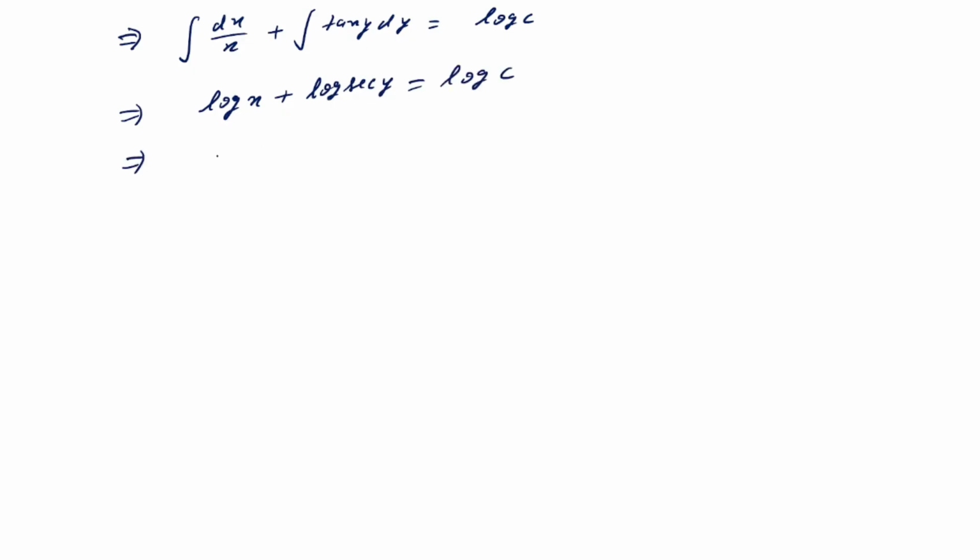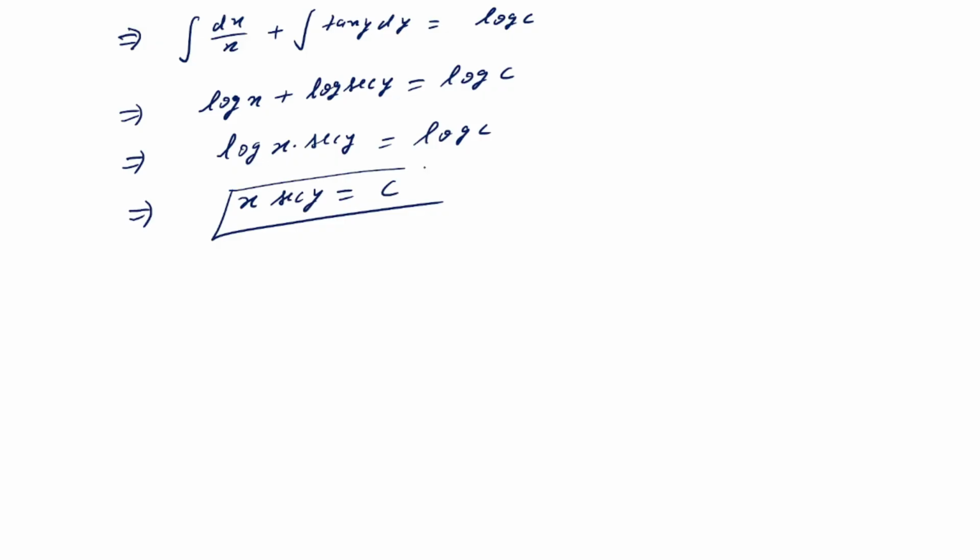This implies that log of x into sec y is equal to log c. Now log will cancel, so your final answer is x sec y is equal to c. I think now it's clear for all of you. Okay, and this question can be asked in another form.